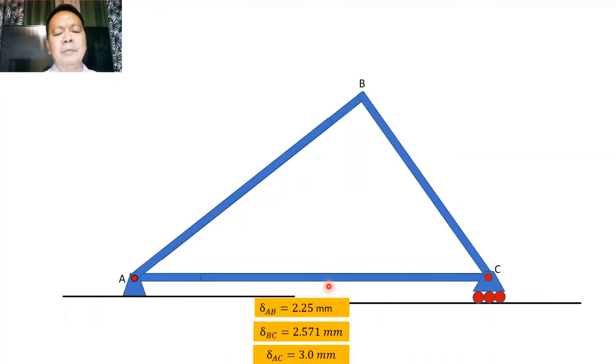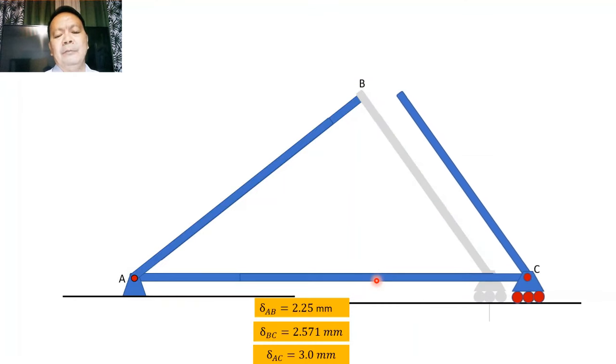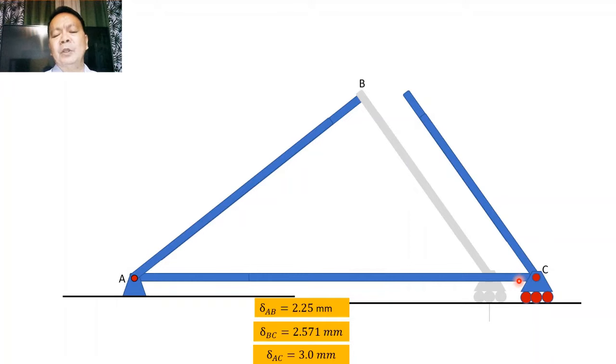Let's start by showing how AC will change its dimension. Because AC will be elongated by 3 millimeters, let us imagine that AC is stretched. As AC is stretched, BC follows. This is what will happen to member AC: it is stretched by this amount, with exaggeration for the sake of discussion.